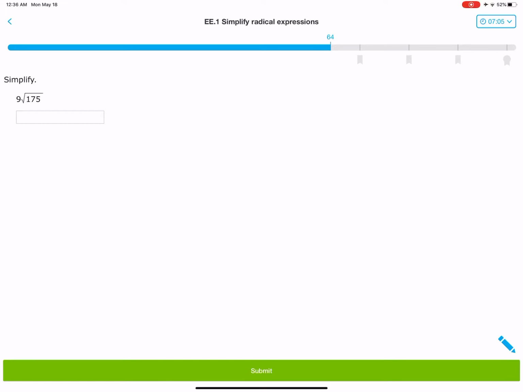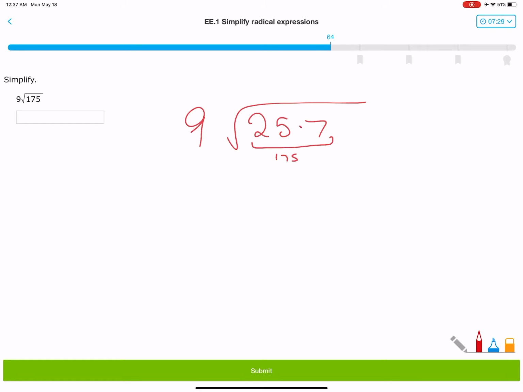A number that goes into 175 is 25. 175 divided by 25 is 7. So we got 25 times 7, and 25 times 7 is 175. Remember that. Square root of 25 is 5, so 9 times 5 square root of 7 is 45 square root of 7.